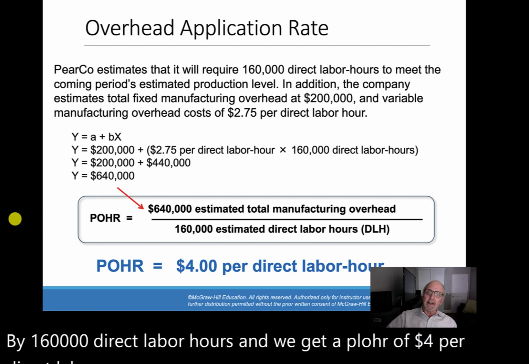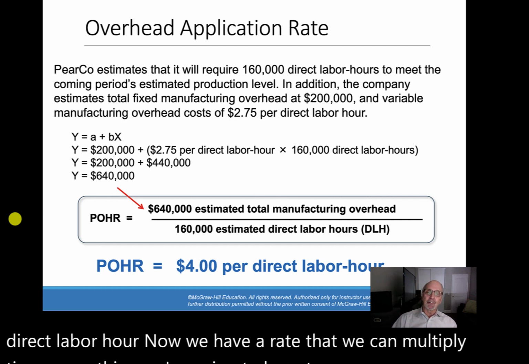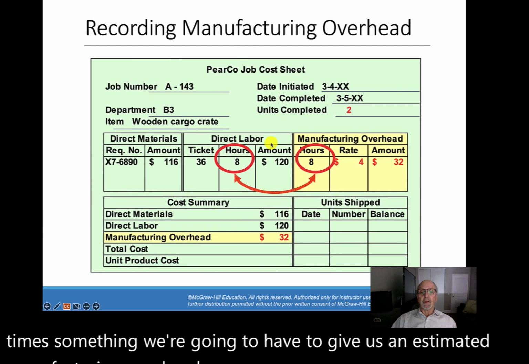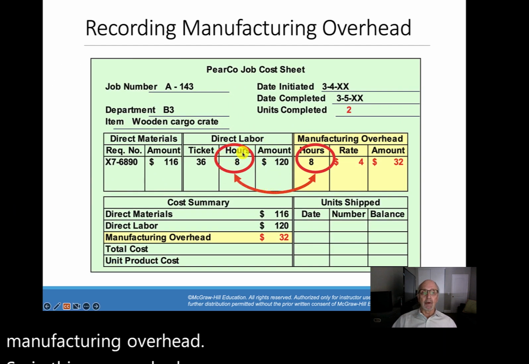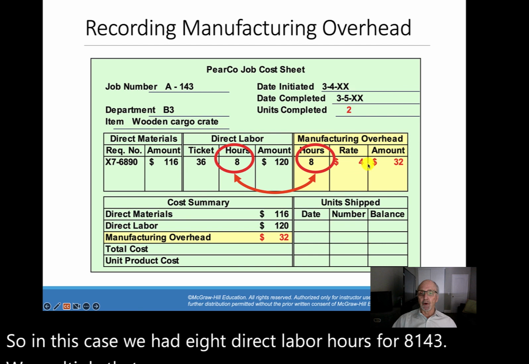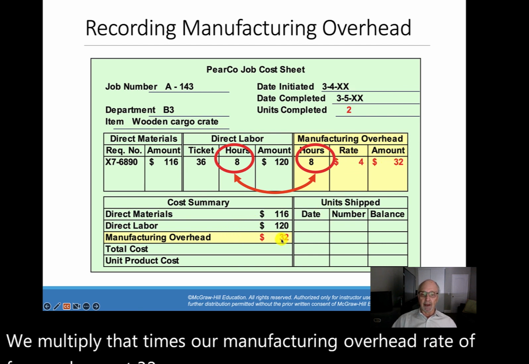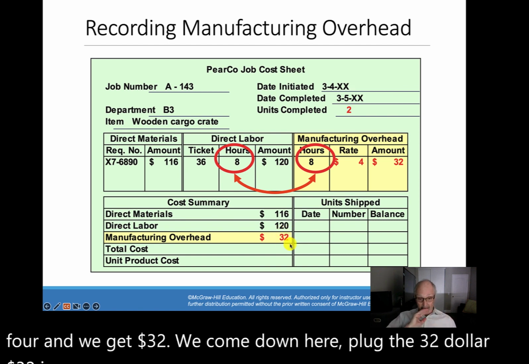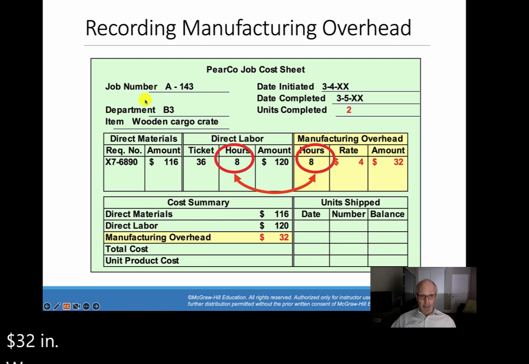Now we have a rate that we can multiply times something to give us an estimated manufacturing overhead. So in this case, we had 8 direct labor hours for A143. We multiply that times our manufacturing overhead rate of 4, and we get $32. We come down here, plug the $32 in. We now have a total cost for the job.